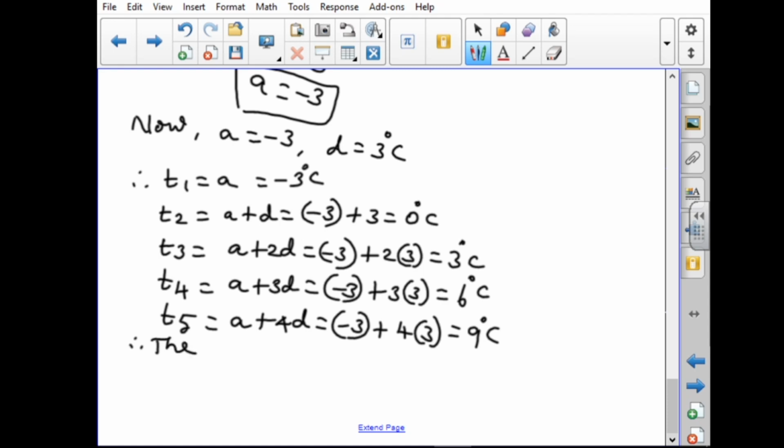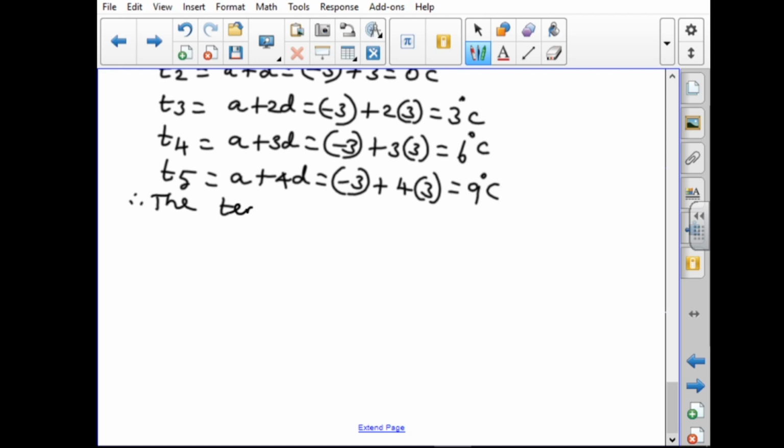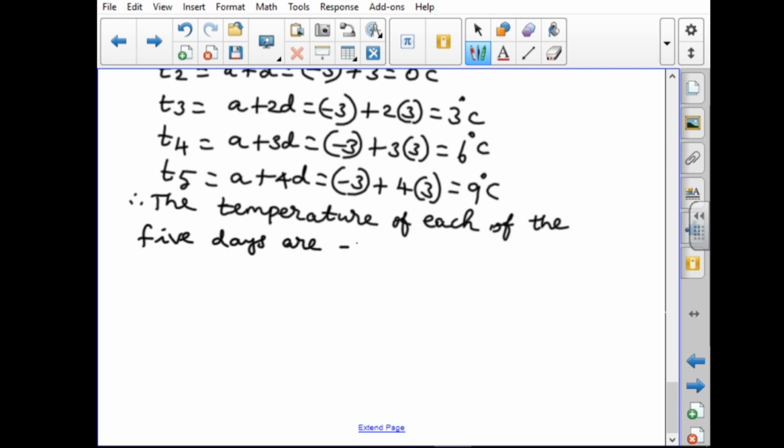Therefore, the temperature of each of the 5 days: the first day is minus 3 degree C, the second day is 0 degree C, the third day is 3 degrees C, the fourth day is 6 degrees C, and the fifth day is 9 degrees C. The first day is Monday, this is Tuesday, this is Wednesday, this is Thursday, this is Friday.